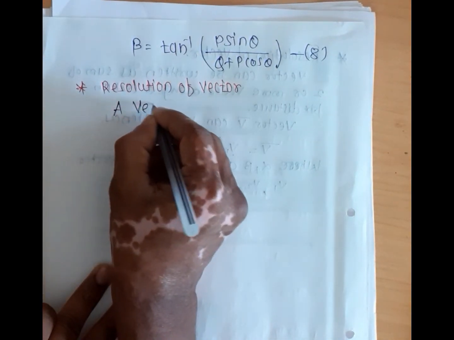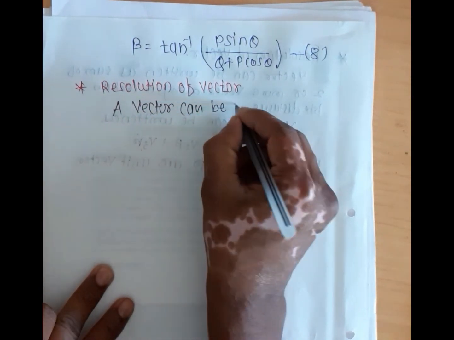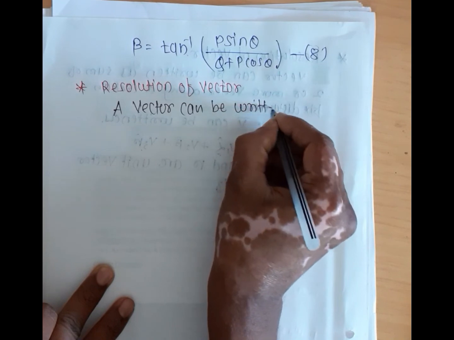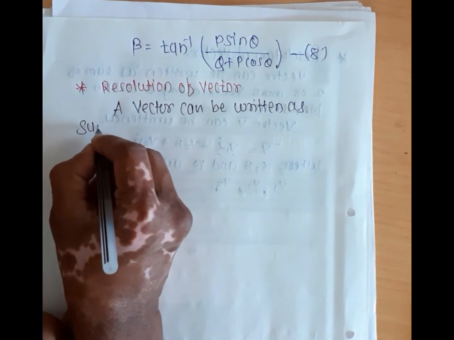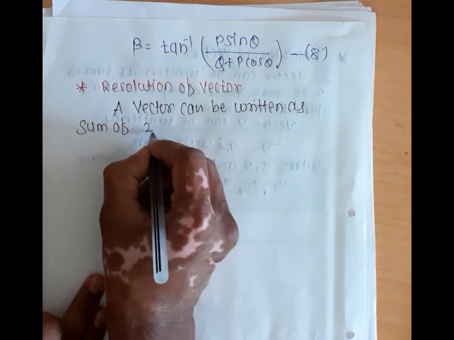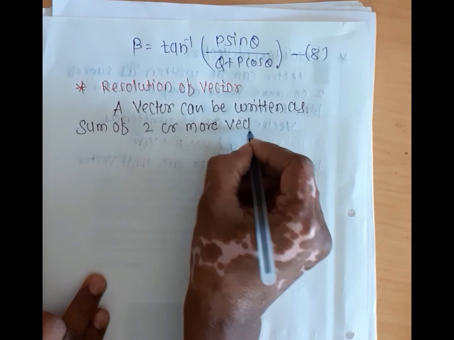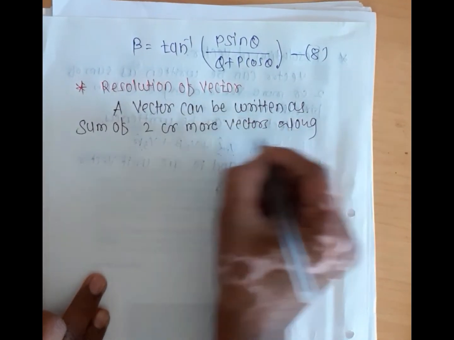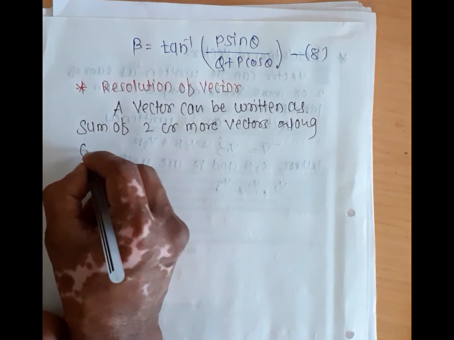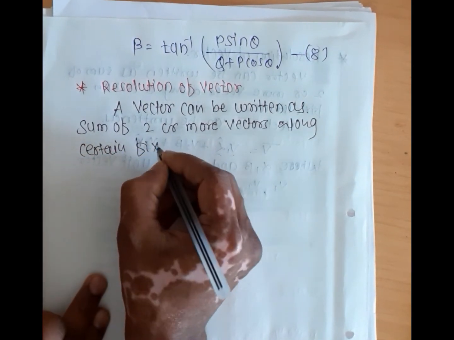A vector can be written as a sum of two or more vectors along certain fixed directions.